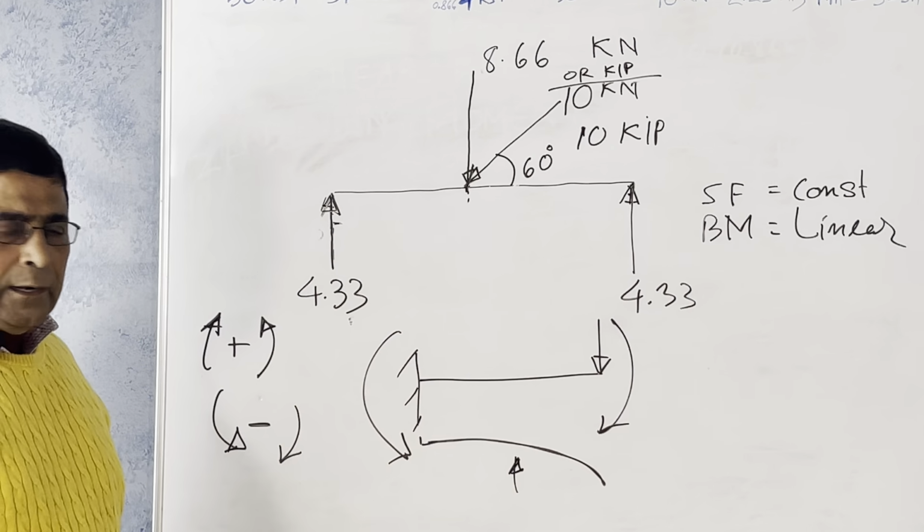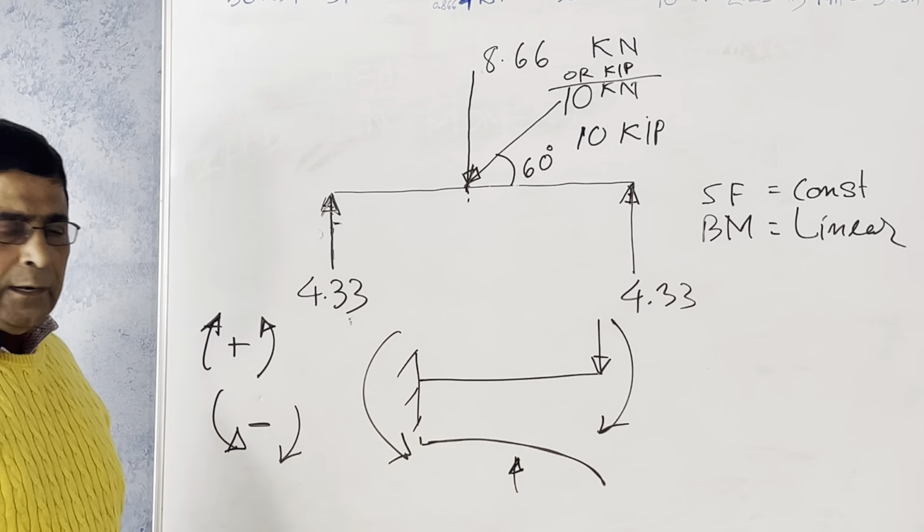Now let us draw the bending moment diagram. Now 4.33, there is nothing in between. You can put an x there, but it doesn't matter. So at this point your moment is 4 into x. But we will straight away go to this point because up to this point there is no change, no force.